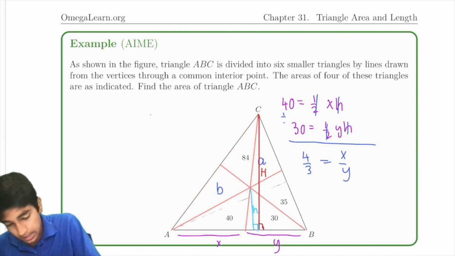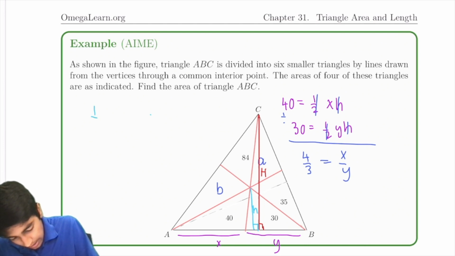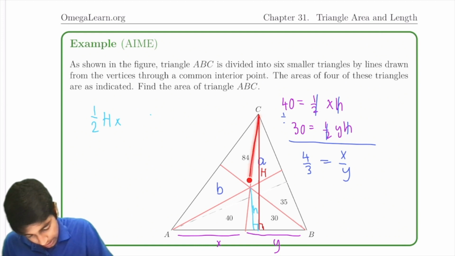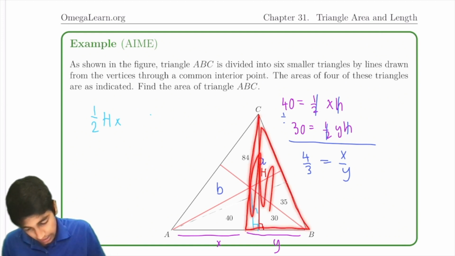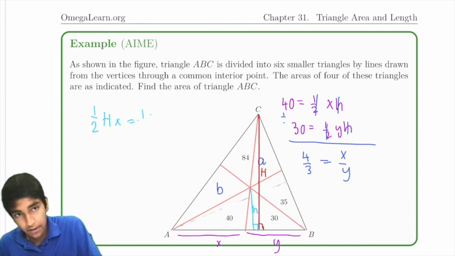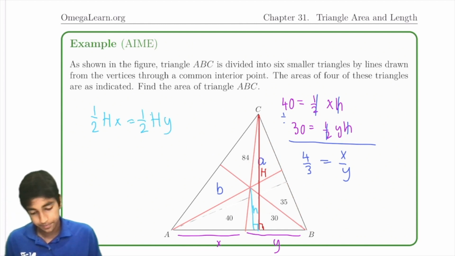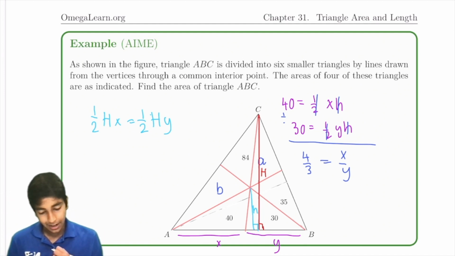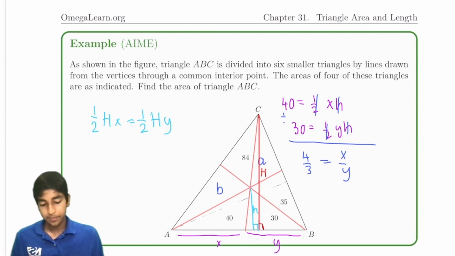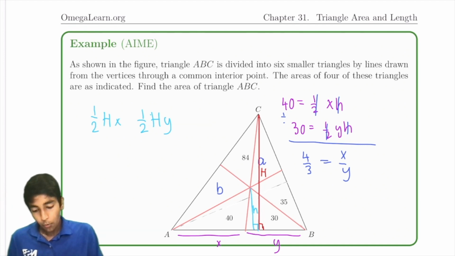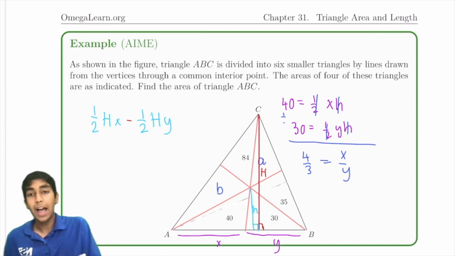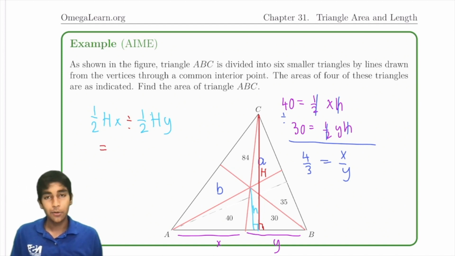Well, that's just going to be 1/2 big H x. And the area of this triangle over here is 1/2 big H and y. So the ratio of 1/2 big Hx to 1/2 big Hy is just the ratio of x to y, which is 4/3.